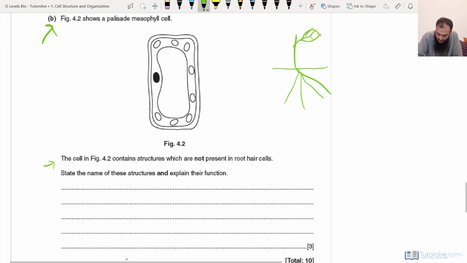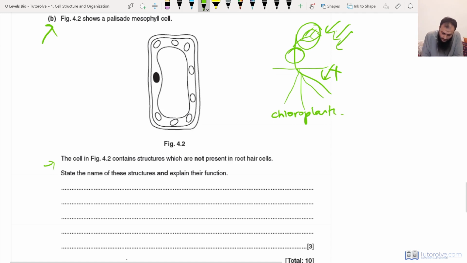It has the organs above, that's the leaf and the stem, and all of these that you can see underground are the roots. The sunlight is only coming directly to the leaf and the stem. No sunlight is reaching the root hairs, so they don't photosynthesize. The fact that they don't photosynthesize means that they do not need the structures that are known as chloroplasts.